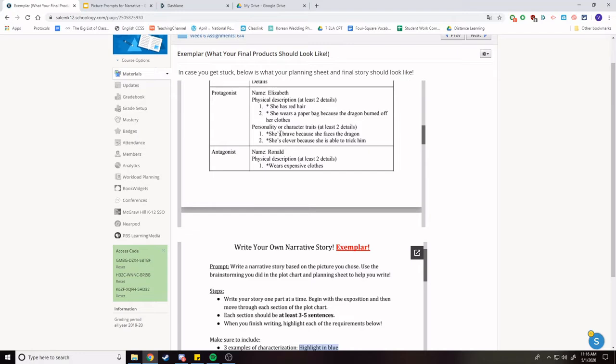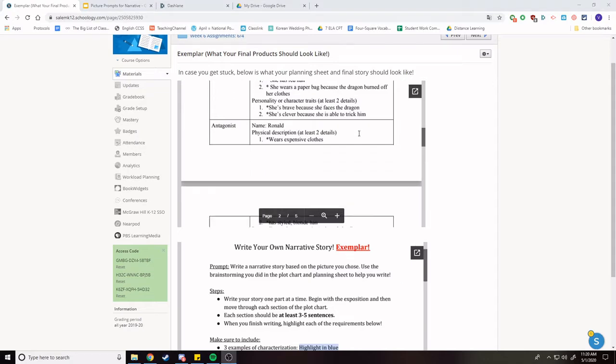And the reason why this part is important is because you need to characterize them later, and you need to show me why this character is mean, or why this character is clever, or why this character is brave. So you don't really have to describe that in your personality trait, but you want to know it in your head so that when you write about them, you can show the audience how you want to portray them or how you want them to feel for the audience.